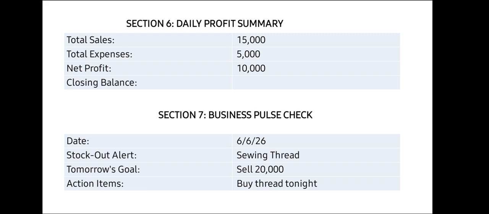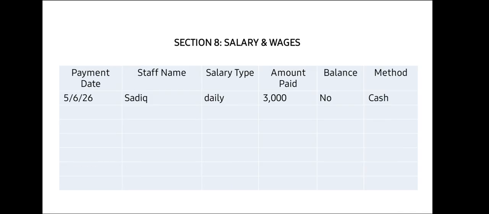Let's move to section 8, where we have salary and wages. This records payment to staff. For those of you that have staff, those of you that have workers, depending on the language we use.